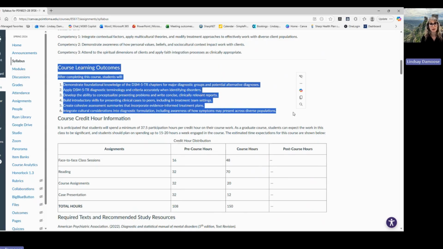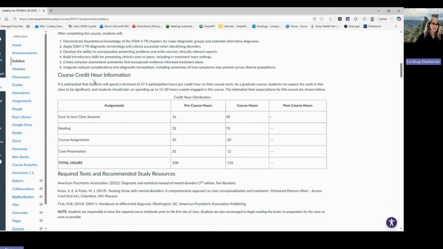I was just working on one actually for a client. I've been doing this for 17 years and none of this is lost on me. So I try to give you the opportunity to start this process of knowledge, learning, and application. That's what our course learning outcomes in a nutshell are going to look like.